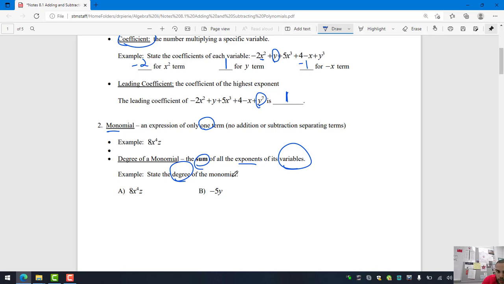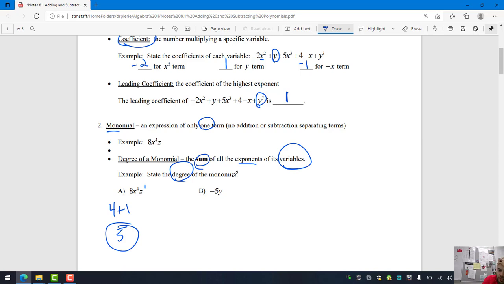But this x is being raised to the 4th power, and then next to that x, I see a z with nothing above it. But this z, if there is a z there, it's being raised to the 1st power. Okay, so if I have to figure out the degree of this monomial, I have to add these two exponents together. In this case, it's just 4 plus 1. The degree of this monomial is equal to 5.